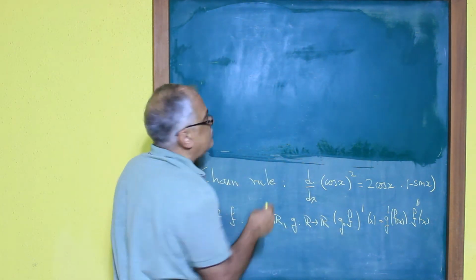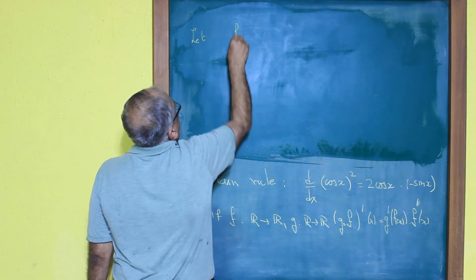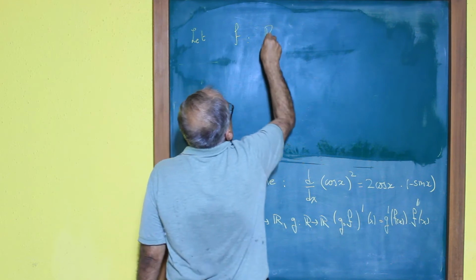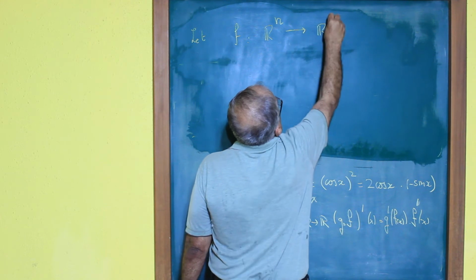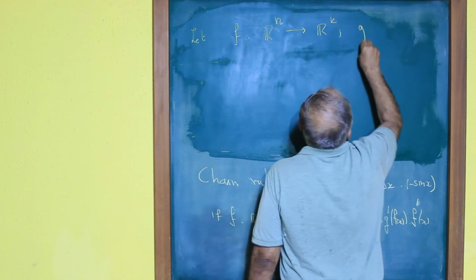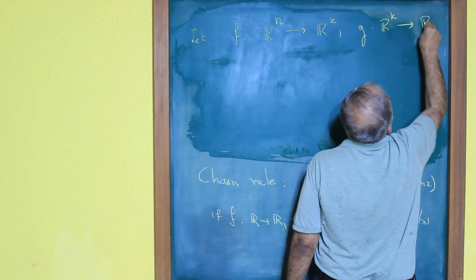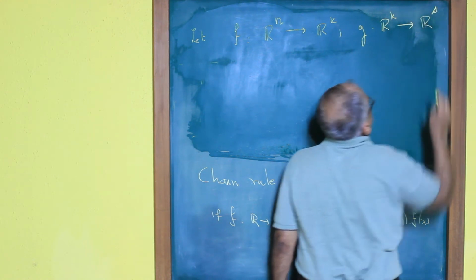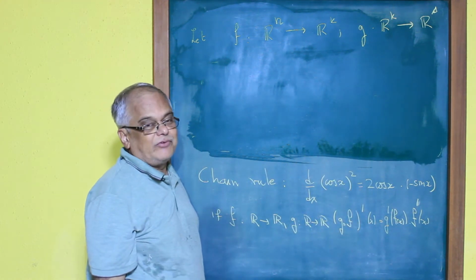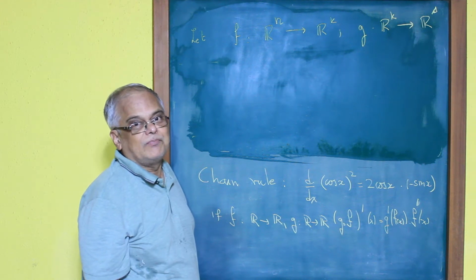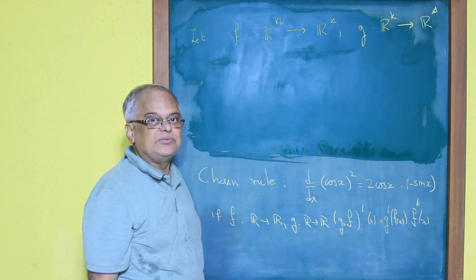So what is the chain rule? So let f be a map from Rn to Rk and g a map from Rk to Rl. And we are going to assume these functions are differentiable everywhere.